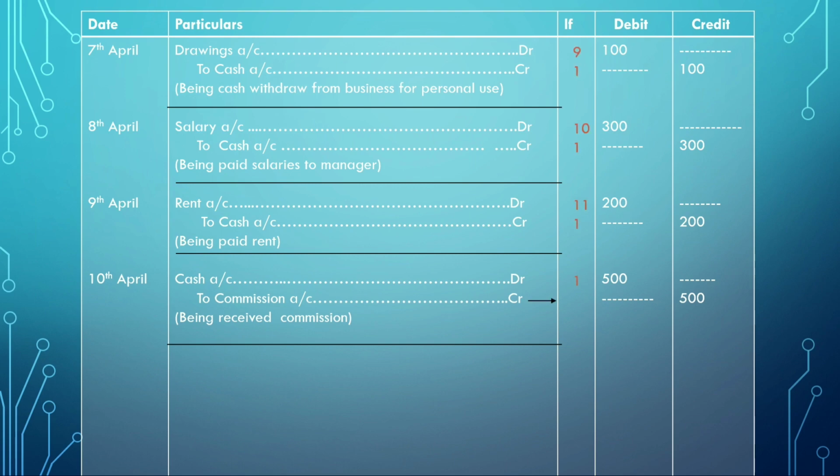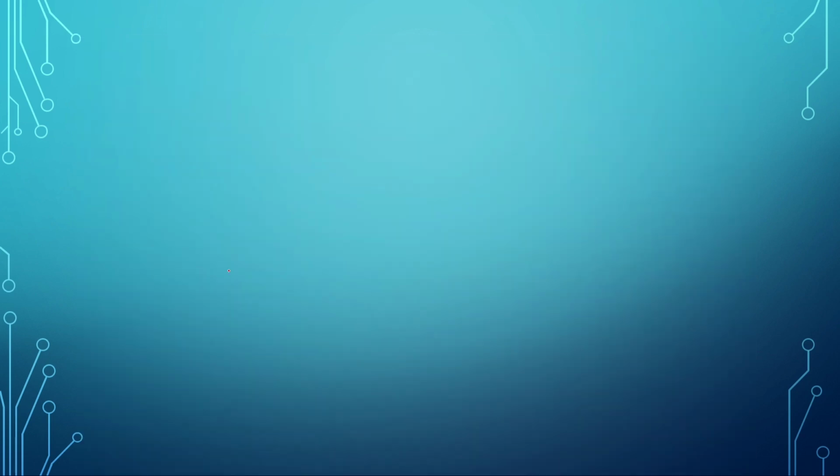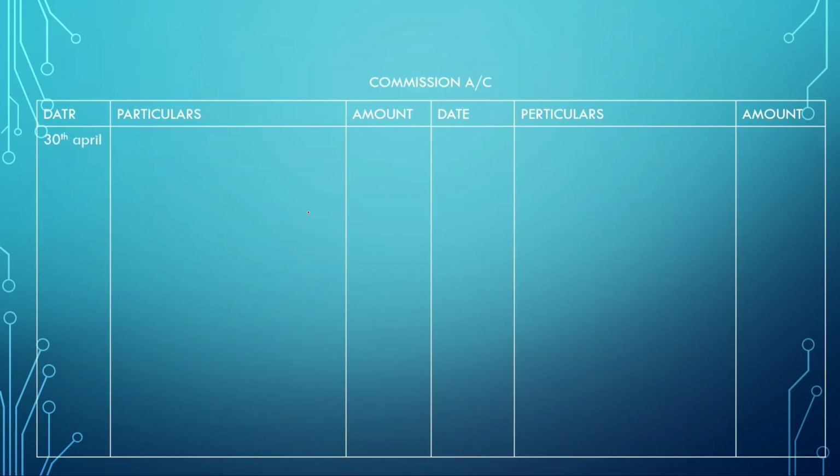Okay, the next and the last transaction will complete everything. The last is to commission account CR. It's the 12th transaction. This transaction happened on the date of 10th. So to commission account CR. We'll open the commission account. CR means it's on the right hand side.